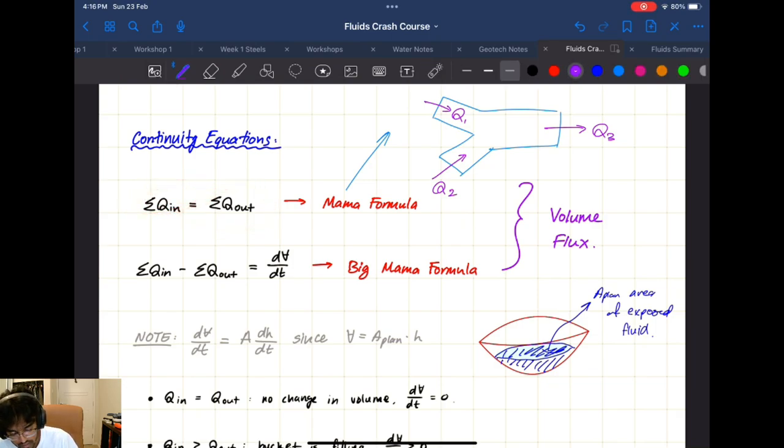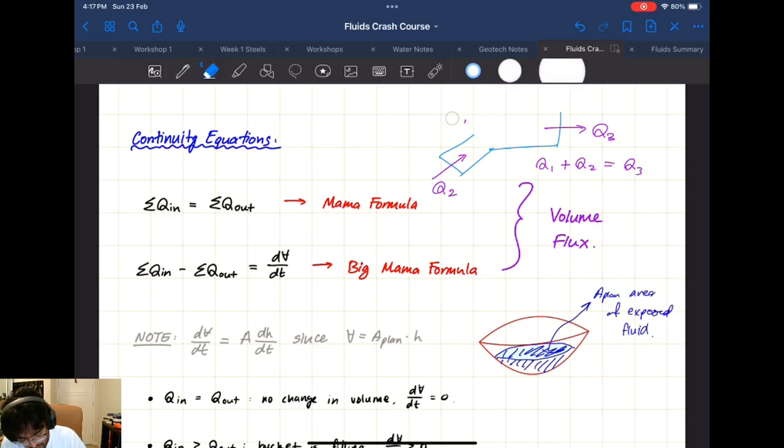That makes sense, the amount going in here and here will combine together and equal the amount going out. Therefore, subbing into this equation, Q1 plus Q2 is equal to Q3. That's pretty much how we use that equation.